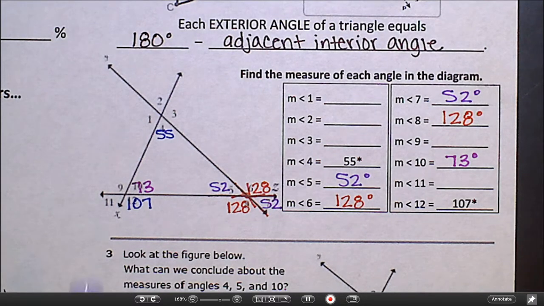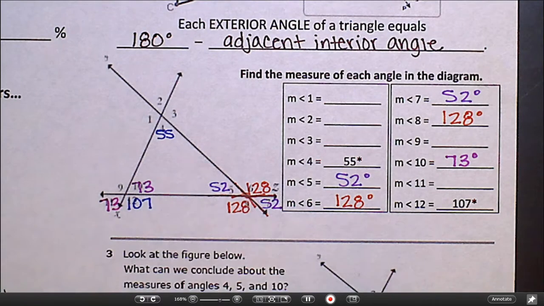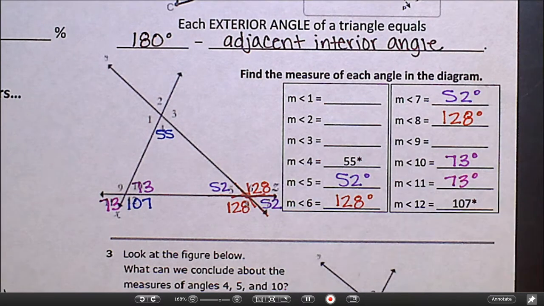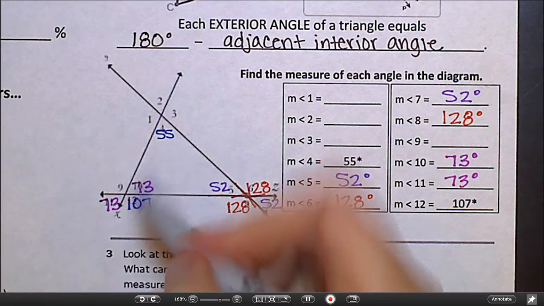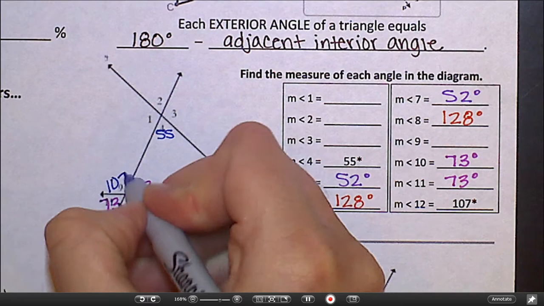Well, I'm going to jump over here to this side because these will be quick to figure out. 10 and 11 are vertical, which means 11 has to be 73 degrees also. We were given angle 12, which is 107, and it's vertical to angle 9, so this has to be 107.